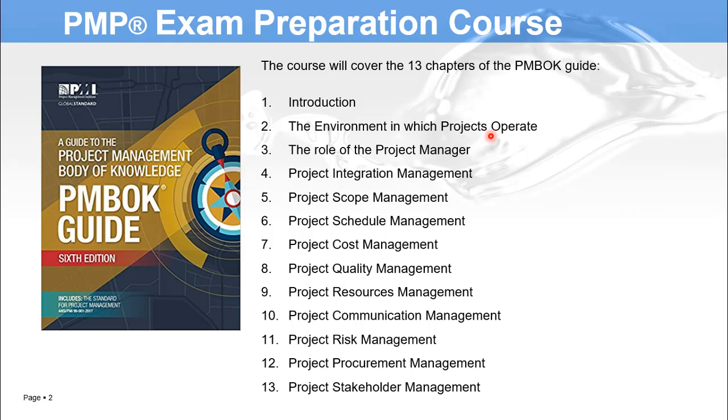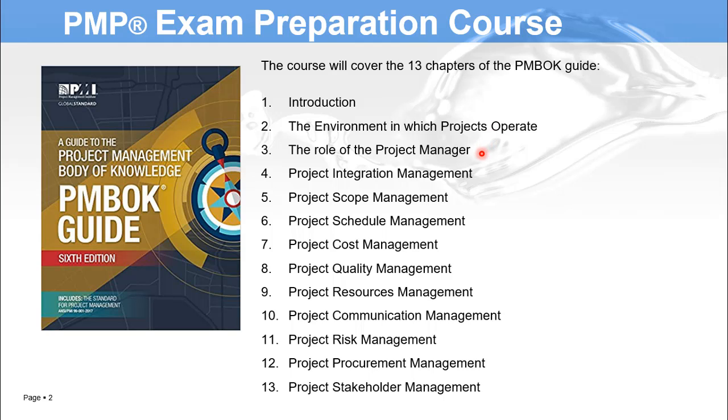And in chapter 2, the environment in which projects operate, mainly this chapter provides information about the environment in which we as a project manager will execute and implement the project. It will provide information about the organizational structure, about the internal roles, policy, standards, the enterprise environmental factors. All these concepts will be illustrated as a part of this chapter.